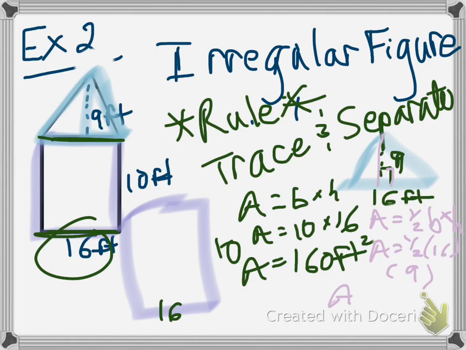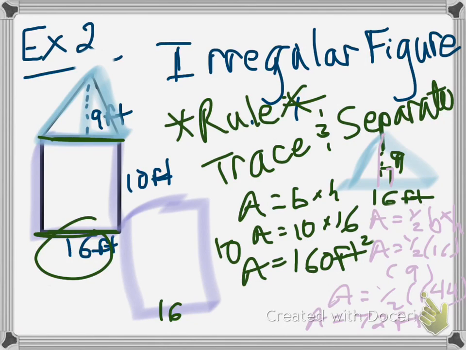So the area equals 1/2 times 144. So the area equals 72. And we did feet times feet, so it's feet squared.